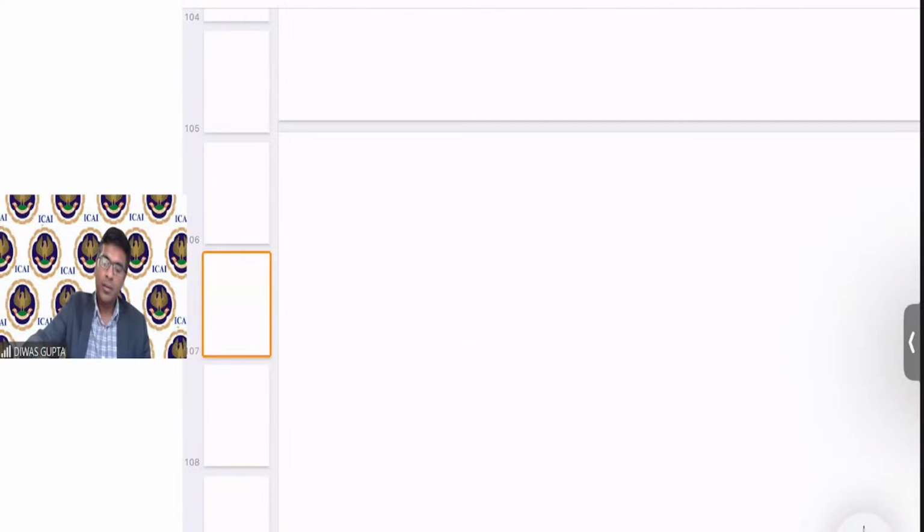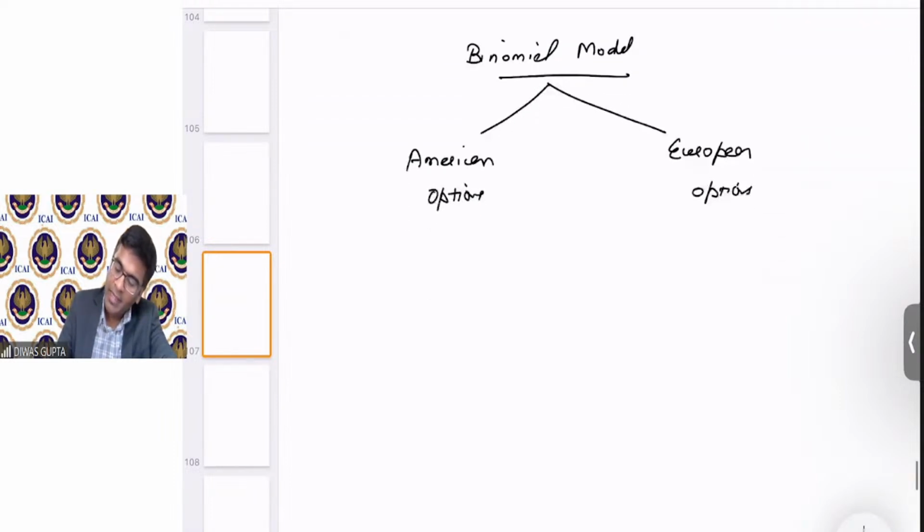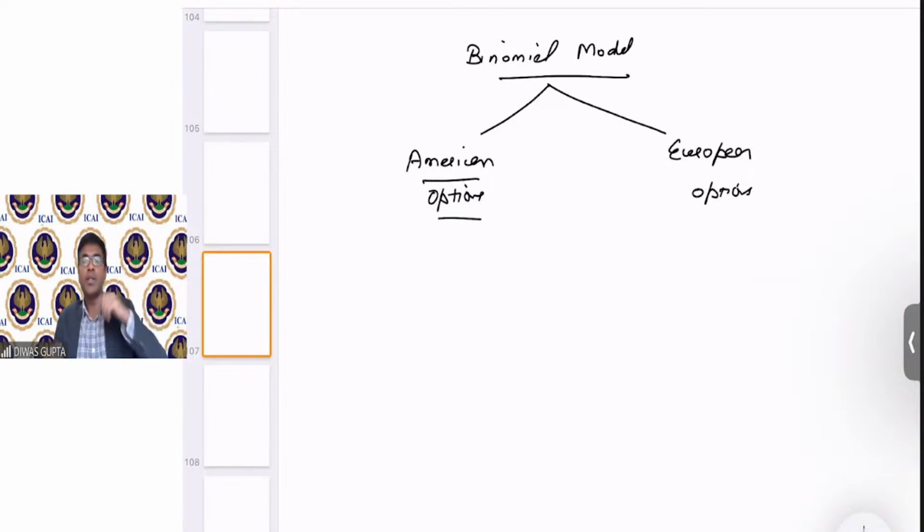Now, can we relate this binomial model to something that we have studied earlier, which is the American and European options? Correct? So American option, students, it was told in the previous session that American options have multiple chances, or I can say up to an agreed date, it can be exercised at any point of time.